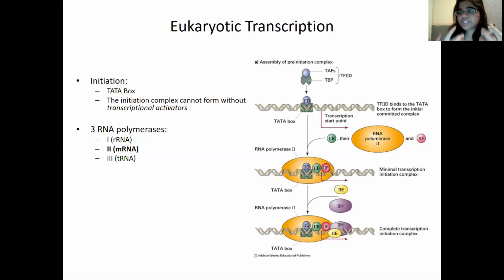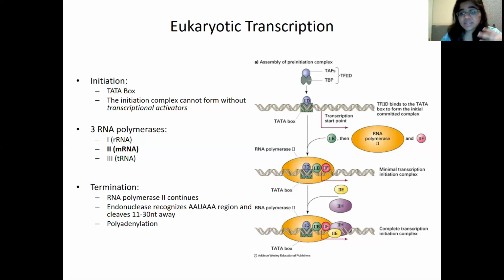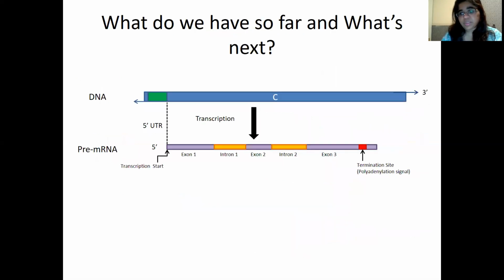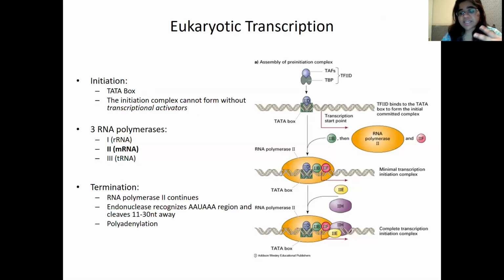And once it reaches the termination site, there is a specific region on the terminator site, this region right here, AAUAAA, and it cleaves around 11 to 30 nucleotides away, and it adds a poly A tail to it. So that shows how that ends up happening.